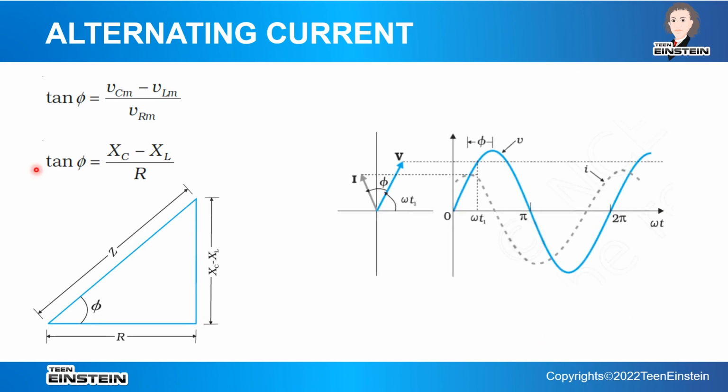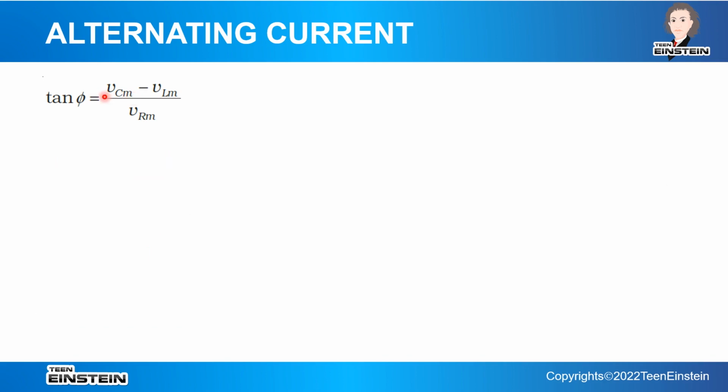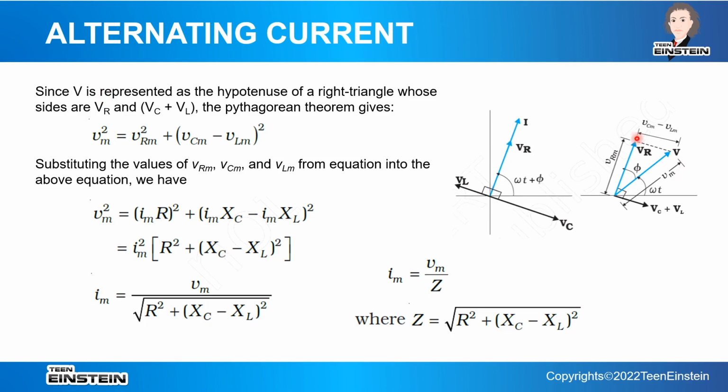Okay. So we found the magnitude of the current, and now let's find out the phase value. If you look at the phase phi, tan phi equals, from this right angle triangle, Vcm minus Vlm divided by Vrm.